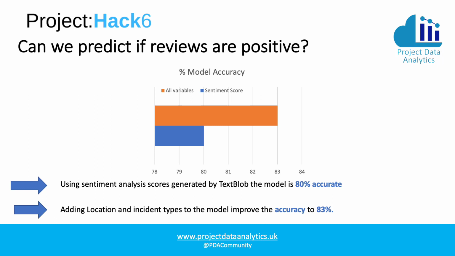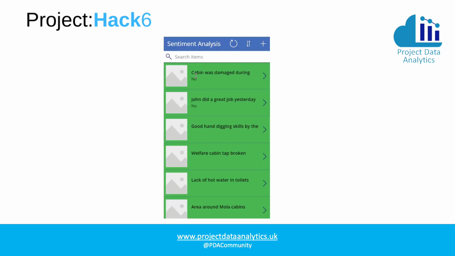Then with this score from users, we could integrate this in our model in order to achieve a higher accuracy. Andrew has been working on building this app using Power Apps, and I will let Andrew explain how the app is working.